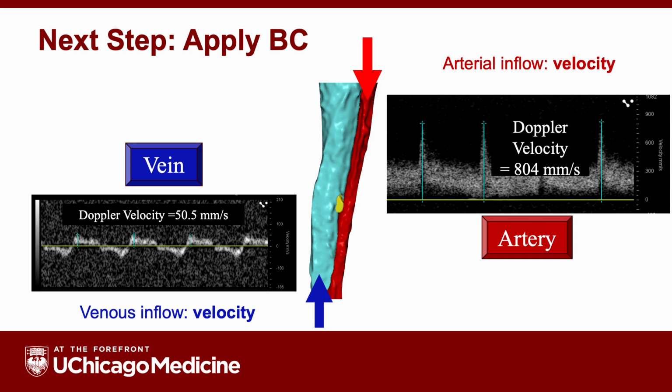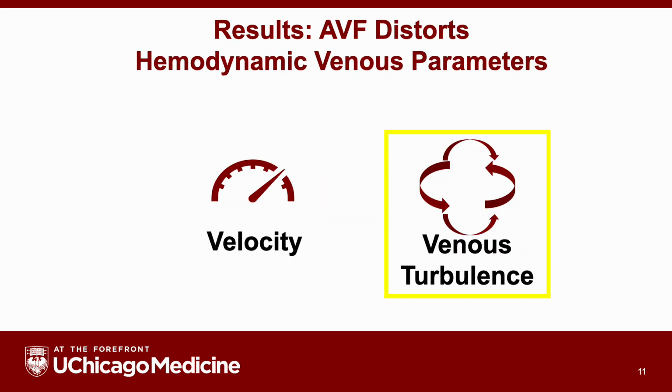For CFD, we need to prescribe the precise boundary conditions to model the realistic model. Thus, we obtained ultrasound measurements in the murine model for the arterial inflow and venous inflow and use them as the boundary conditions in our CFD model.